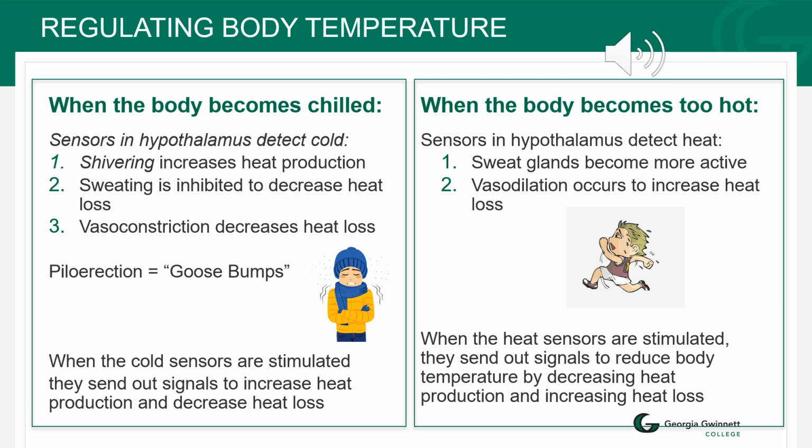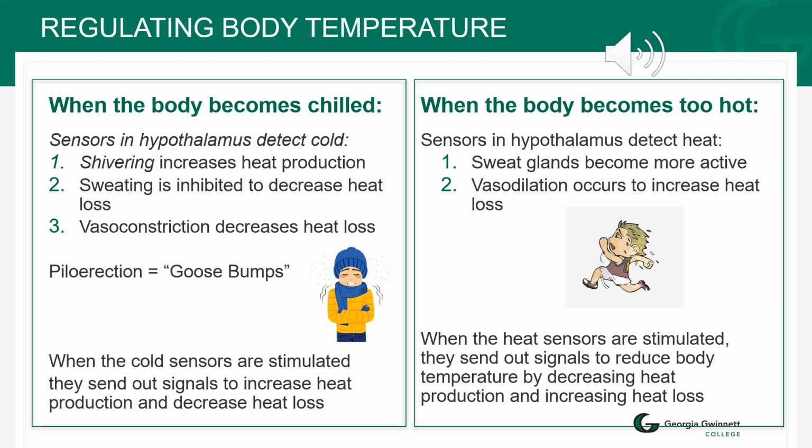It will also make sweating inhibited, and if the patient doesn't sweat, it's going to decrease the heat loss. And then vasoconstriction, which we talked about a couple slides ago, will also decrease that heat loss. Remember, vasoconstriction is when the vessels carrying the blood to the body become narrower and blood flow is slowed or blocked.